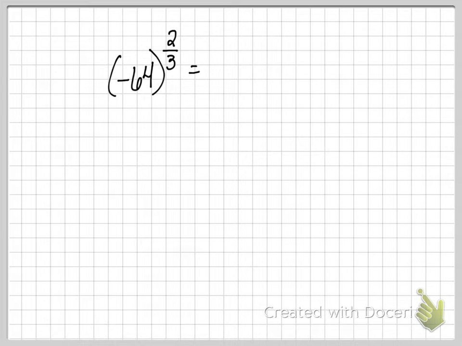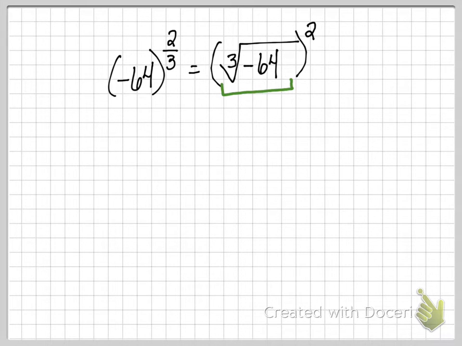What does the 3 in our denominator become? The index. Our radicand is that base of negative 64, and we will be taking this quantity to the second power. That's our exponent. Let's start by simplifying within.